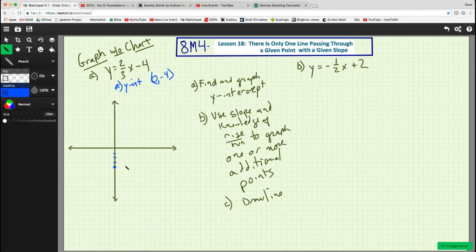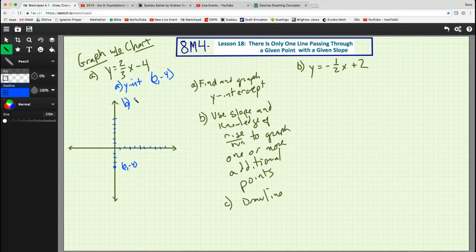So this is (0, -4). Let me draw some more hash marks here because we're going to need them. That's a 5, 6, 7, 8, 9.